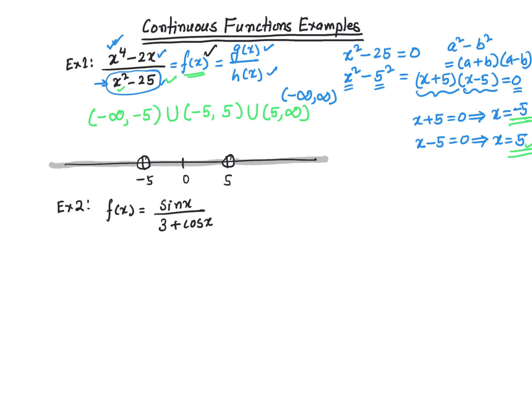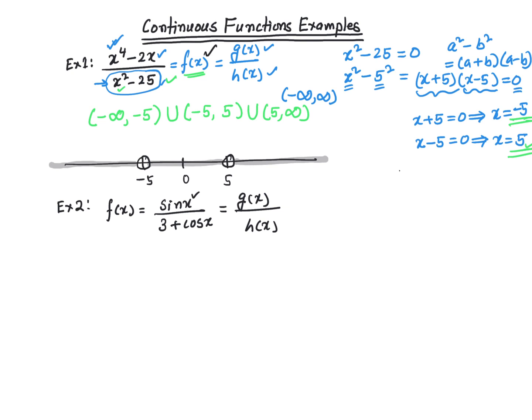So only sine and cosine trig functions are continuous everywhere they are defined, or in their entire domain. If we think of it as a function, let's call it again g of x, which is just sine of x, and h of x, which is going to be 3 plus cosine of x.